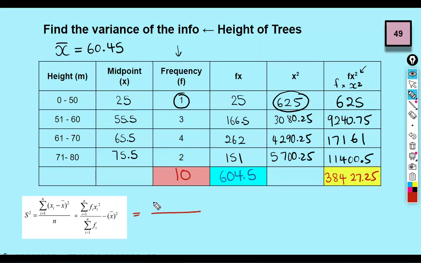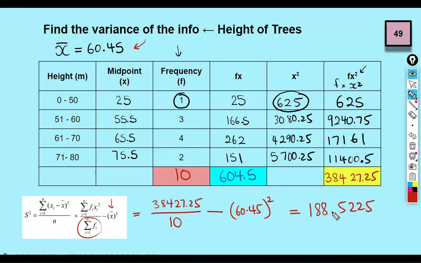Sigma fx squared is 38,427.25 divided by sigma f. Sigma f is 10, minus the mean squared. Remember, this is the mean, but we have to square it before we subtract it. I think I can work this out straight on my calculator: minus 60.45 in brackets, squared. I'm getting 188.522. Correct me if I'm wrong.